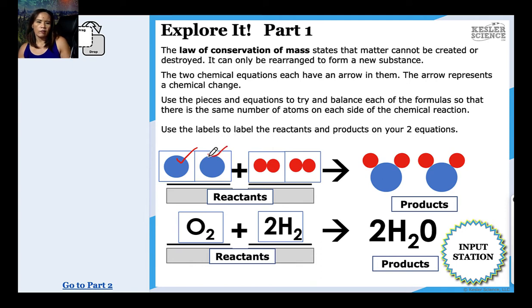And then you have 4. So it's 2 times 2. Meron tayo 1, 2, 3, 4 hydrogen. Yield. So this one is your chemical reaction. So the arrow is actually the chemical reaction.